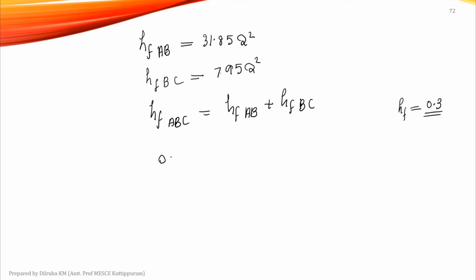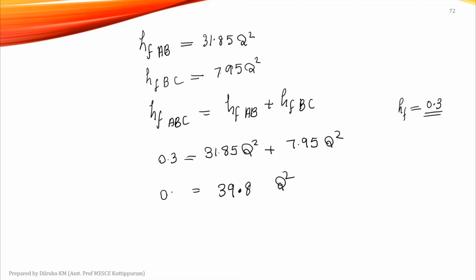So 0.3 is equal to 31.85 Q square plus 7.95 Q square, which will come around 39.8 Q square.